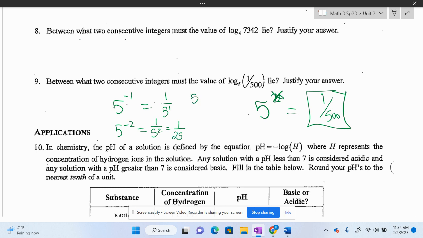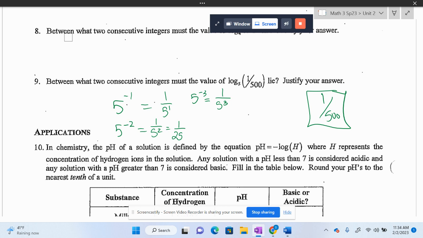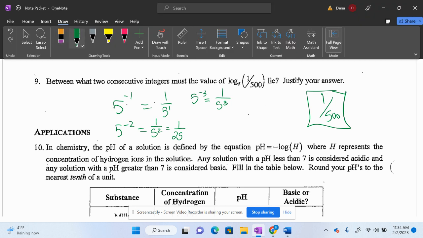What about 5 to the negative 3 power? Well, that's the same thing as 1 over 5 cubed, which is, what is 5 cubed? 125, yeah. So I have 1 over 125.